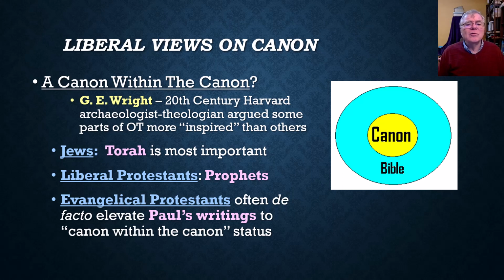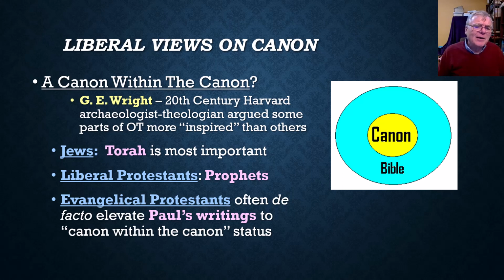In other words, you have the canon, those are the books that came to be recognized as scripture, but some of those books are more inspired than others. And so there's a canon within the canon. Some books are really important. Some books, well, you could live without if you really wanted to.